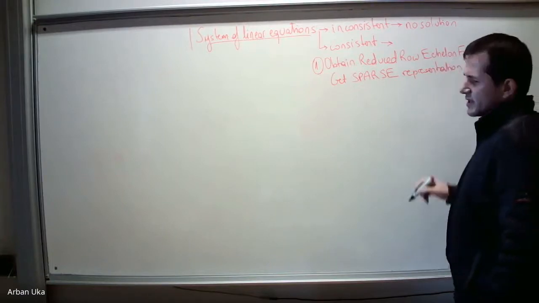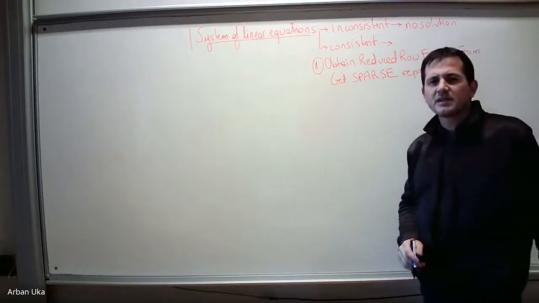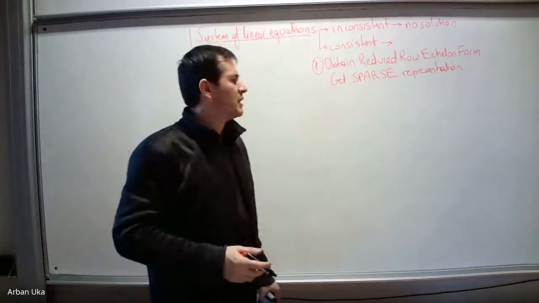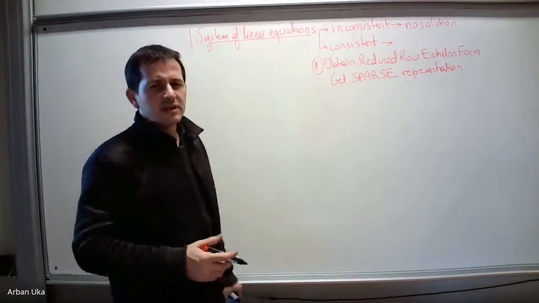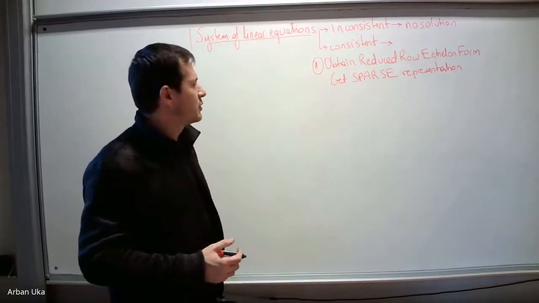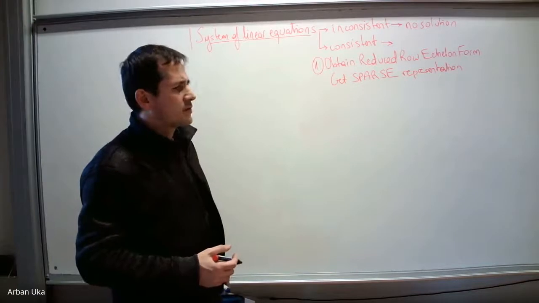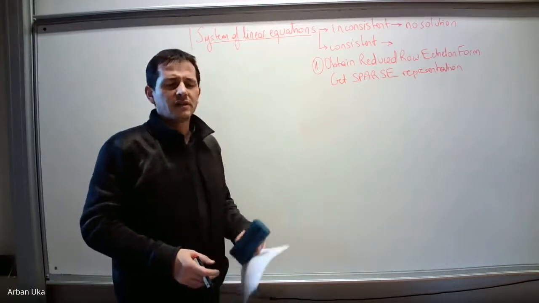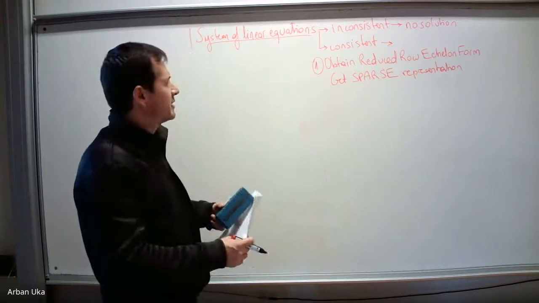A sparse representation is the same matrix, but it is full of zeros. So we have a lot of zeros, but representing the same properties or the same relationship between the numbers. And having a lot of zeros means that we have removed a lot of redundant information. So we have simplified it.